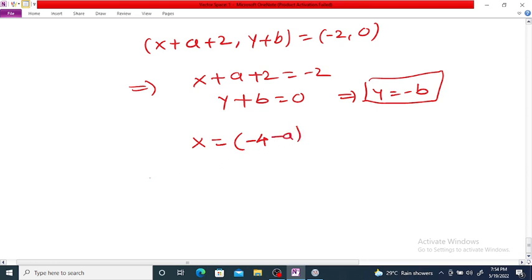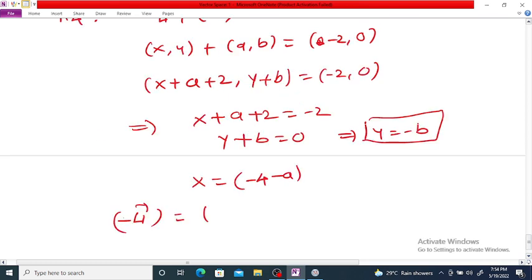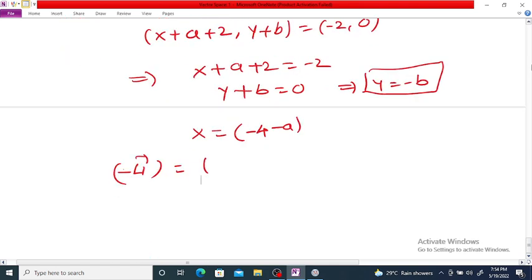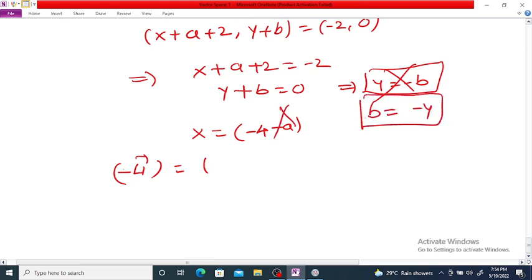So x is equal to minus 4 minus a. Sorry, we want the values of a and b in terms of x and y, not x and y in terms of a and b. So b is equal to minus y, and a is equal to minus 4 minus x.